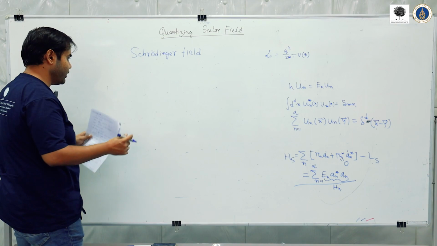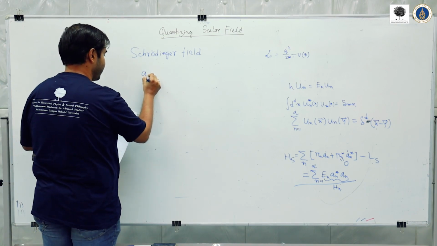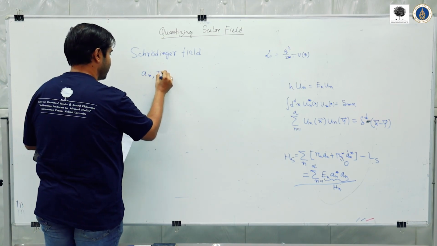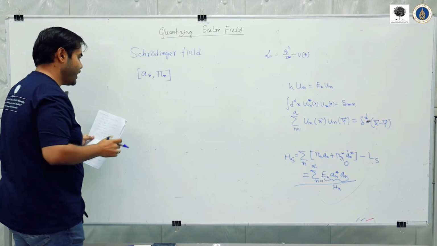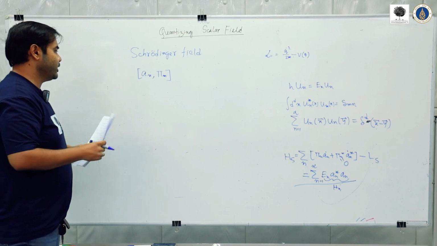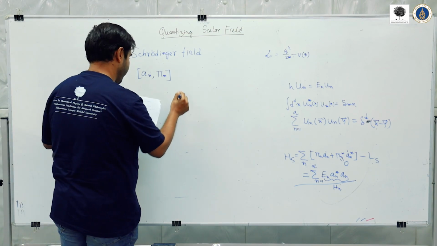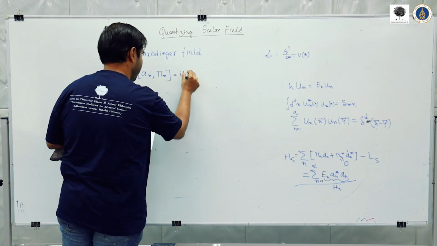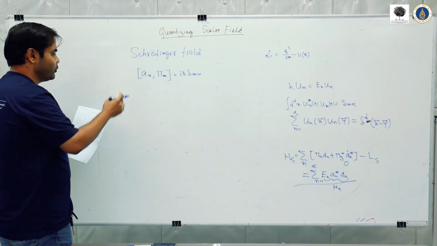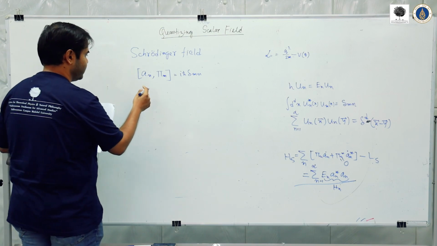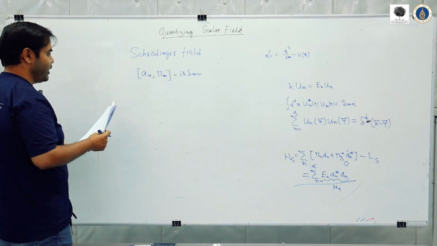So we postulate a canonical commutation, that an does not commute with its canonical conjugate, but it is i h bar delta mn, and putting the value of pi m, which is i h bar am star.